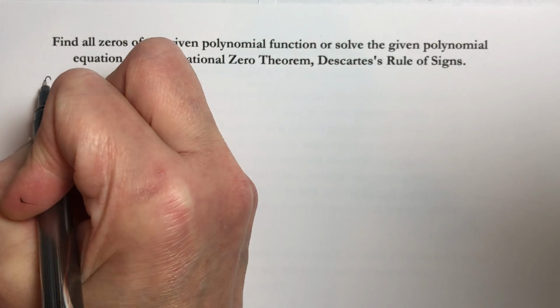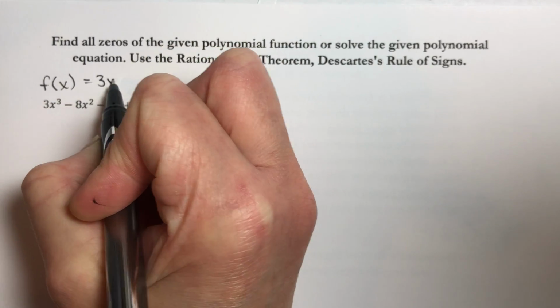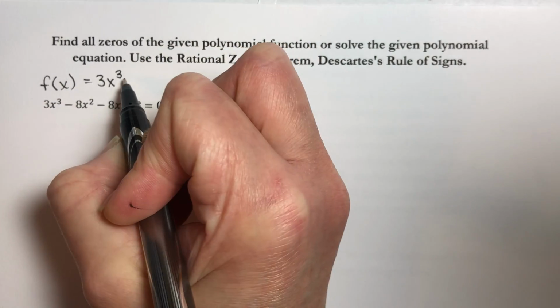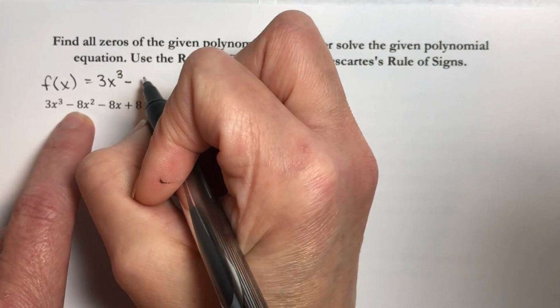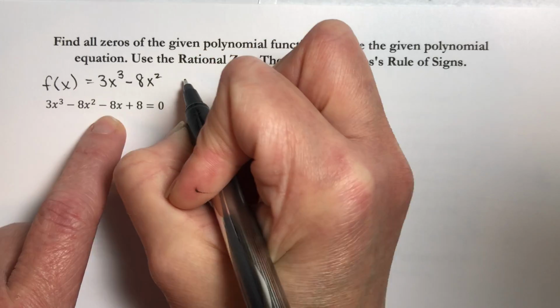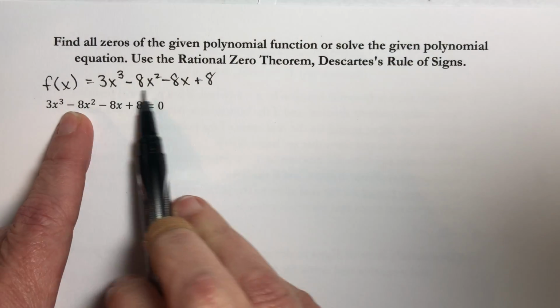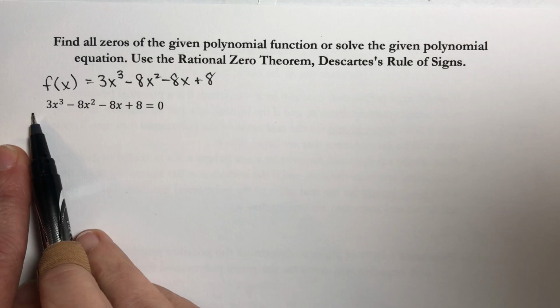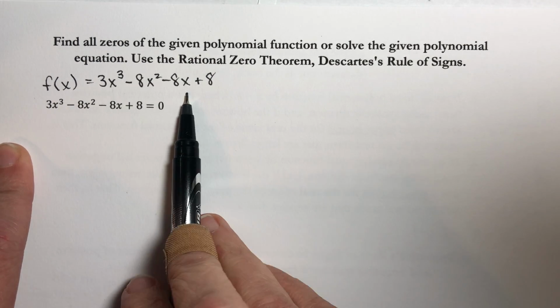This is the same thing in this case as f of x. It just so happens that it's written equal to 0. Asking for the zeros of this function is the same thing as asking you to solve this equation. So this is my f of x.